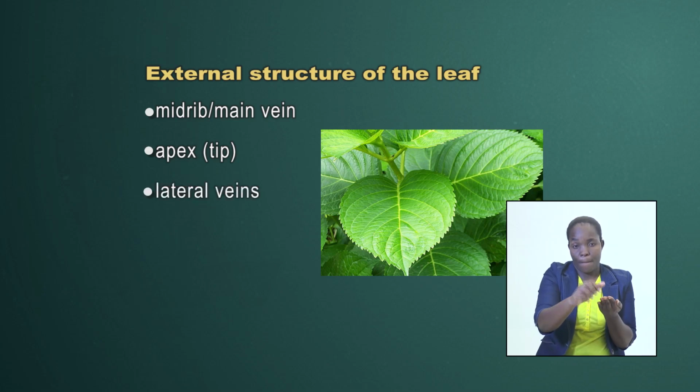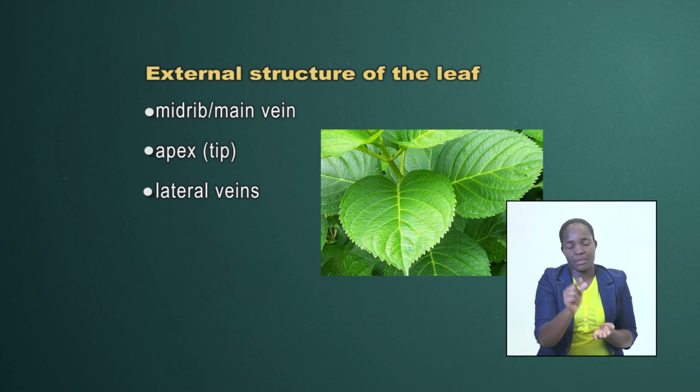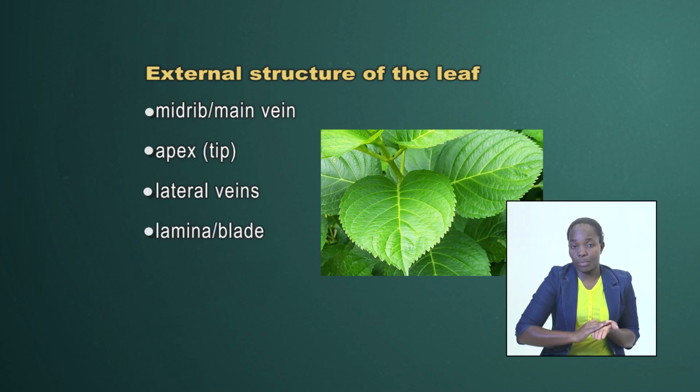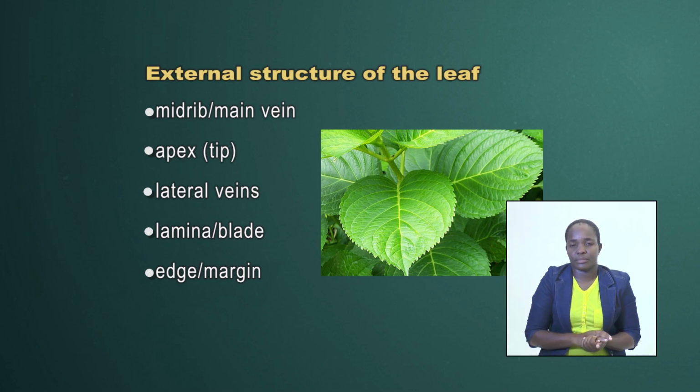From the midrib to the sides or outer line of the leaf are lateral veins, which are smaller or thinner than the main vein. The flat surface of the leaf is called the blade. And the outer edge of the leaf is also called the margin. So that was the outer or the external structure of the leaf.